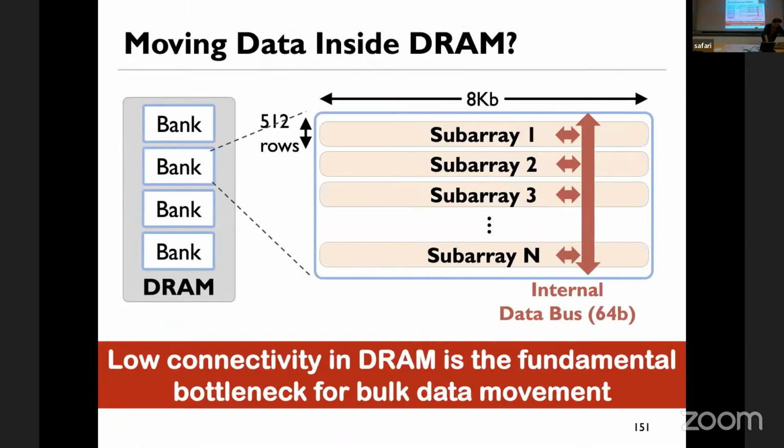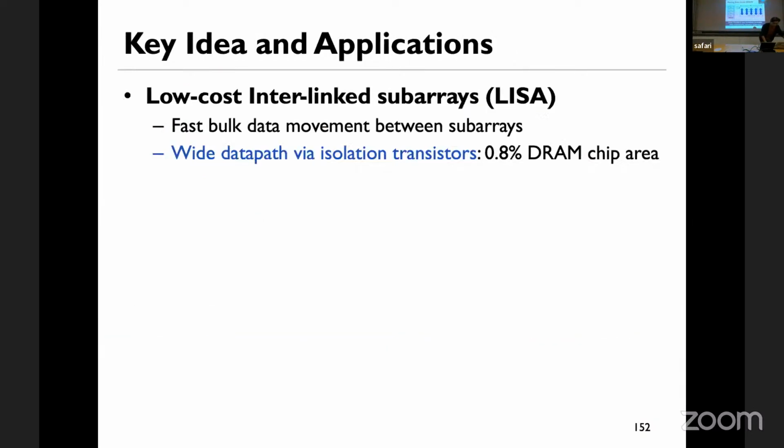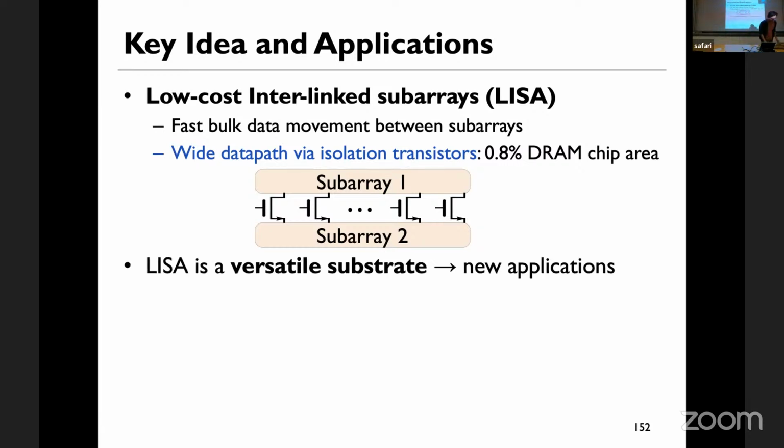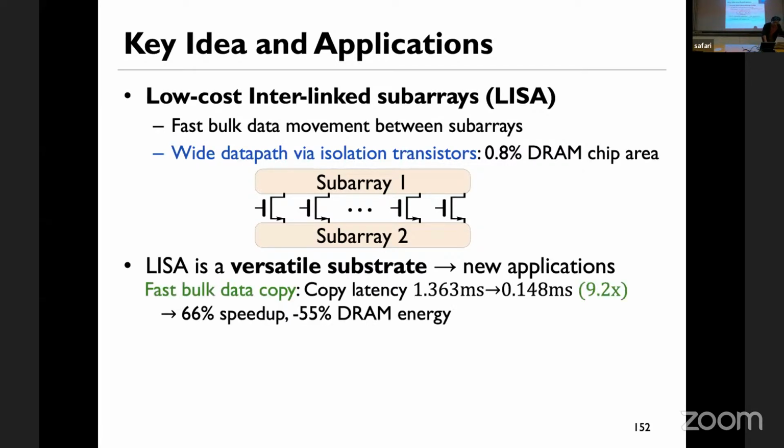So this is the LISA paper. Very, very briefly, what the LISA paper proposes in order to copy data from subarray to subarray inside the same DRAM bank is to include some isolation transistors that connect bit lines in subarray 1 to bit lines in subarray 2, depending on whether these isolation transistors are active or not. We will be able to move data from one subarray to the other subarray, and that has different applications.